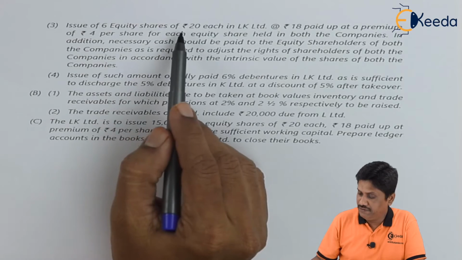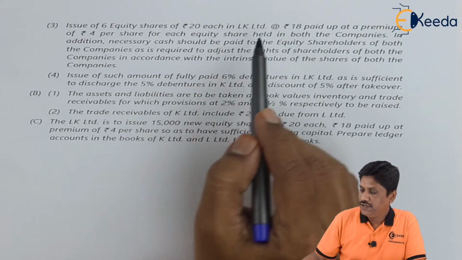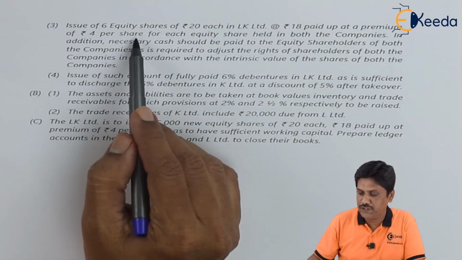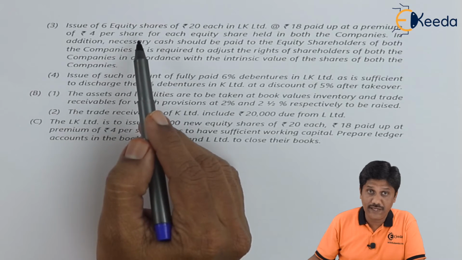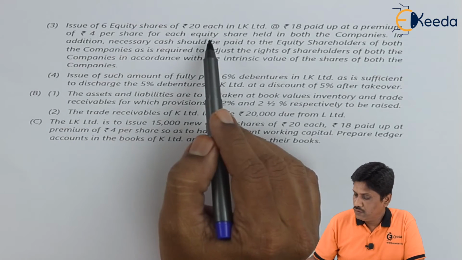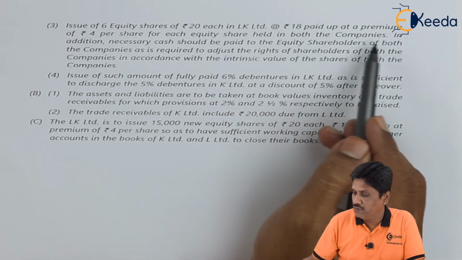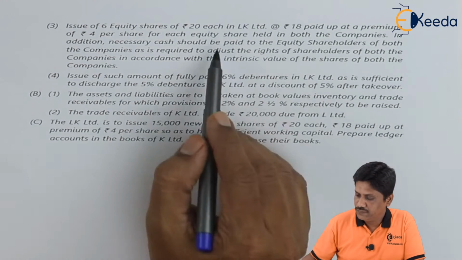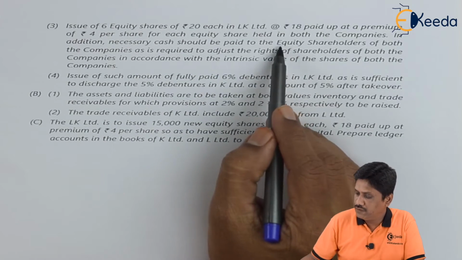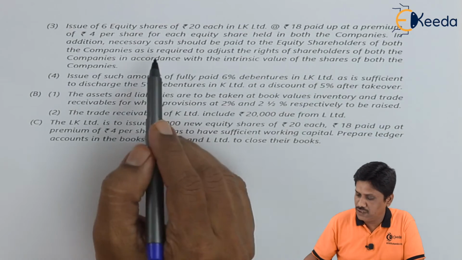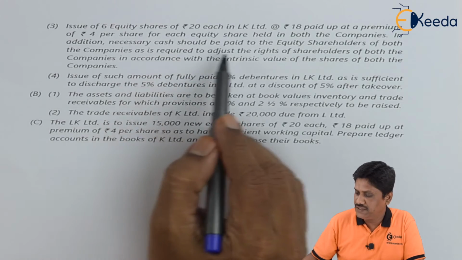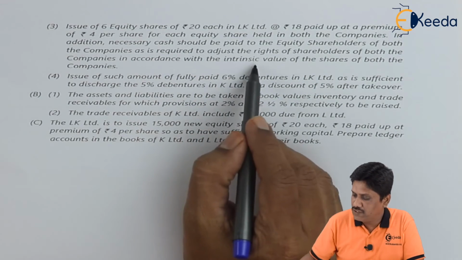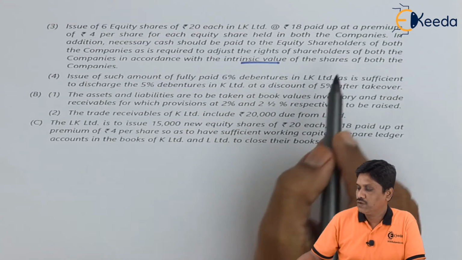Issue of 6 equity shares of rupees 20 each in LK Limited, rupees 18 paid up at a premium of rupees 4 per share, which means the price for us is 22, for each equity share held in both of the companies. In addition, necessary cash should be paid to equity shareholders of both the companies as is required to adjust the rights of the shareholders in accordance with their intrinsic value of the shares.